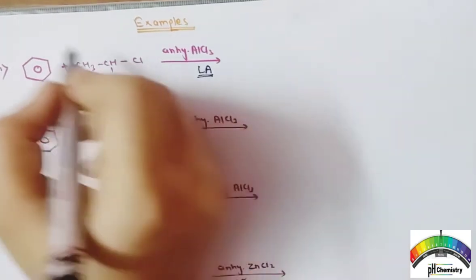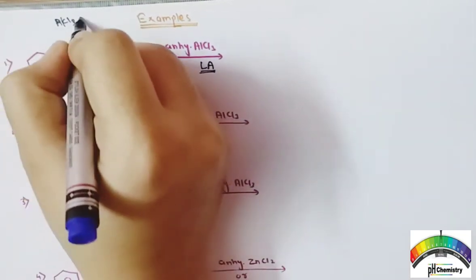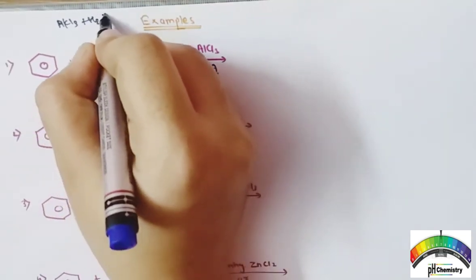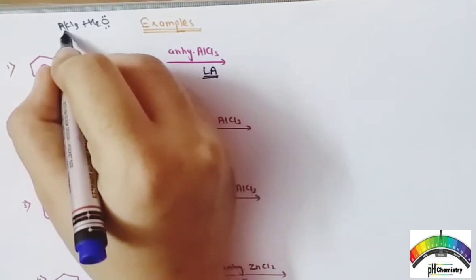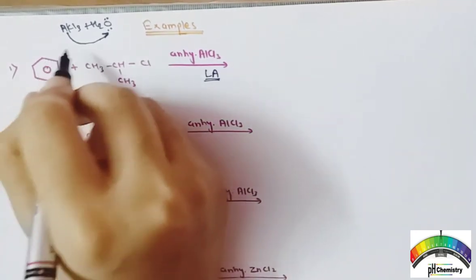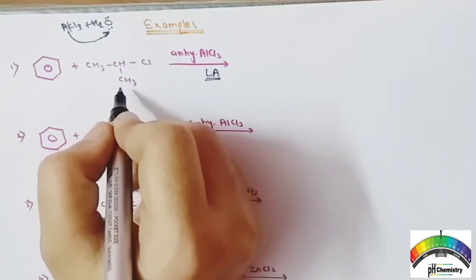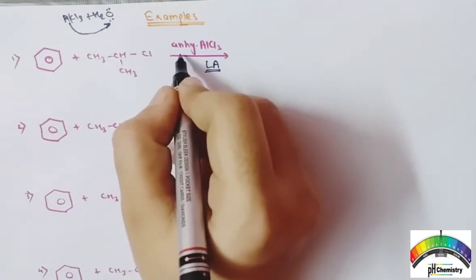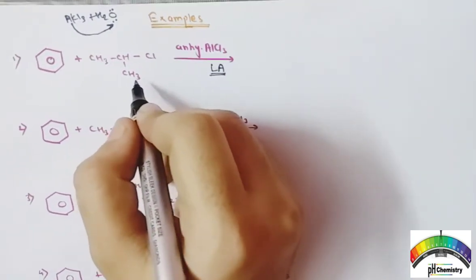Hydrated AlCl3 means AlCl3 contains water. Now water contains oxygen, oxygen having two lone pairs. If hydrated AlCl3 is used, it will take lone pairs from here and will not form any electrophile with this alkyl halide. Because of this reason, anhydrous AlCl3 is used in this reaction.